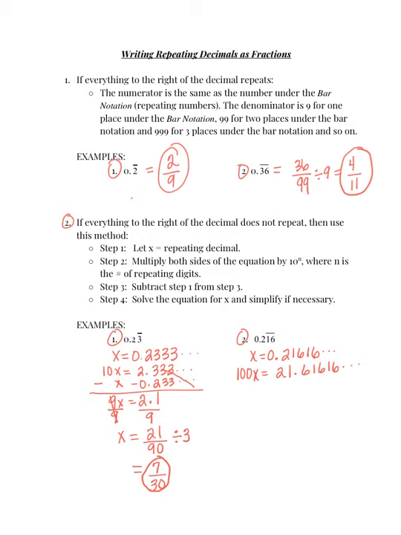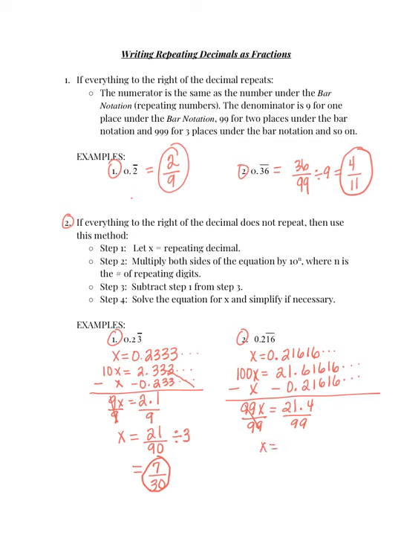Then we're going to subtract the original step 1. So subtract x on this side and subtract 0.21616... on the right side. Subtracting that will give you 99x on the left. On the right side, you will get 21.4. Then we're going to divide both sides by 99 and simplify.